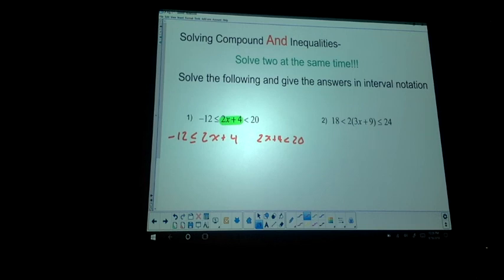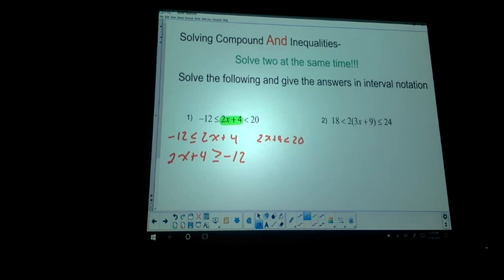You see how 2x plus 4 went with both problems? Everyone good with that? I think I would flip this one over now. That sign flips over. Did it flip over because I multiplied or divided by a negative? No. I just flipped the whole problem over, so the sign has to flip.